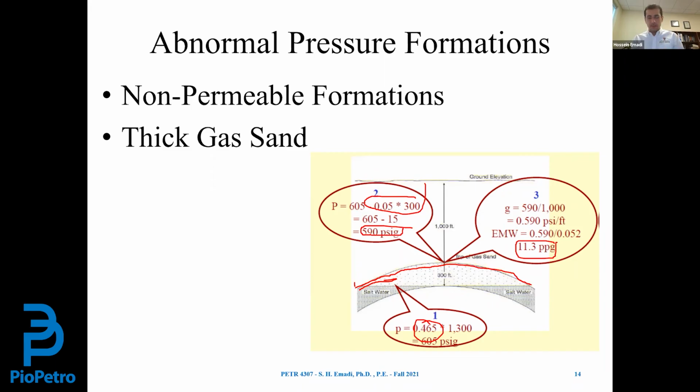Obviously, the kick indicators were pretty obvious that a kick was happening and going to become a blowout, but they failed to take proper actions. So either lack of knowledge, lack of leadership, or lack of enough preparation.